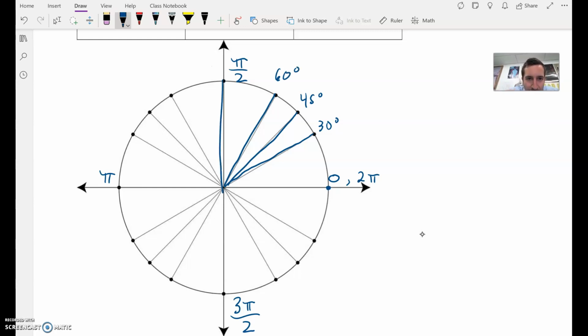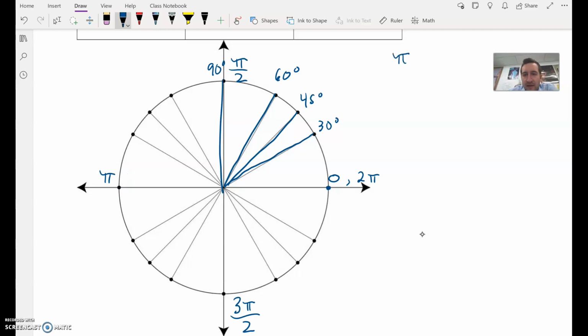And this, as we know, is 90 degrees. So what are the radian measures associated with 30, 45, and 60? The radian measure associated with 30 degrees, get this. How many degrees is pi? We talked about that today in class. Pi is equal to 180 degrees.